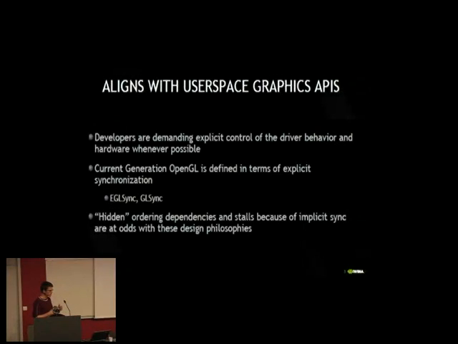And therefore, it's quite surprising if the kernel automatically adds other dependencies and stalls, as happens easily in the implicit sync model. And that might lead to something being fast on some other platform like Android or some other platform that uses explicit sync, and then when you run it on a DRM stack, suddenly it's performing worse because the kernel is inserting unexpected waits.